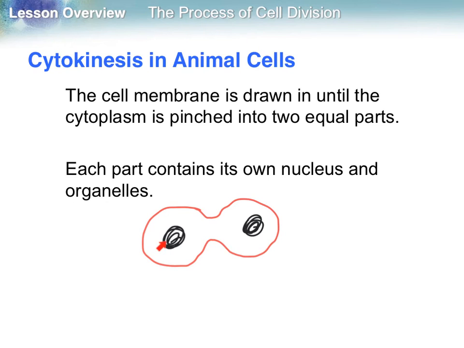Here we have the two new daughter nuclei that we just divided during mitosis, and then the cell membrane starts to pinch in on either side until eventually it pinches totally in half, and we wind up with two new cells that are separate.